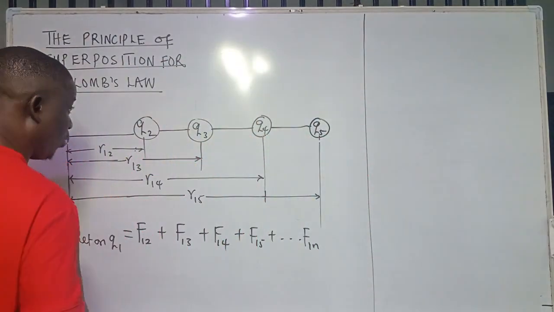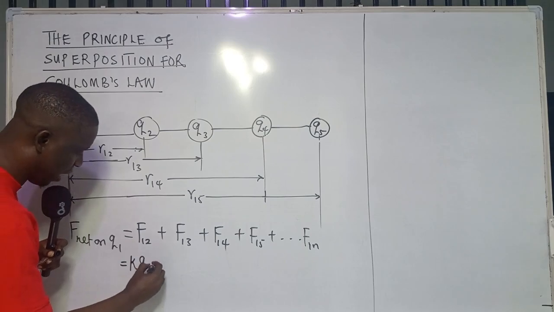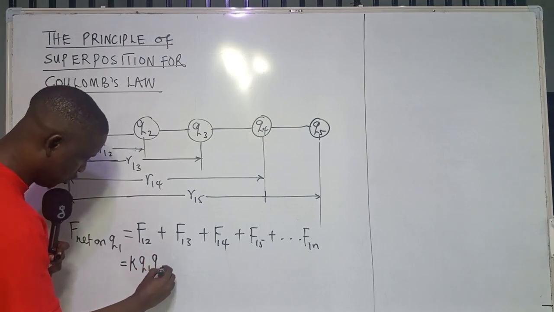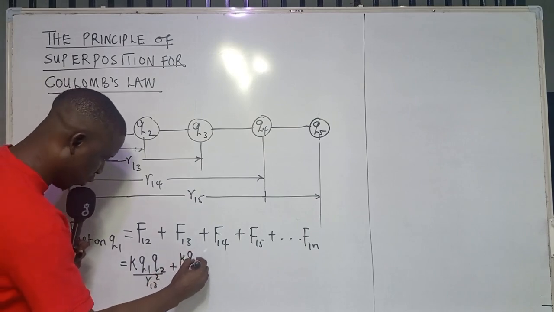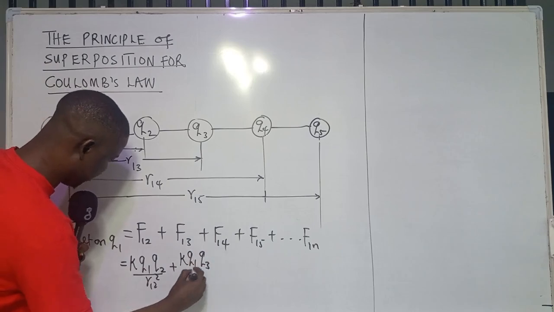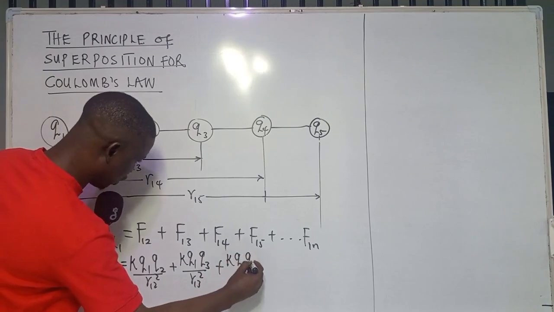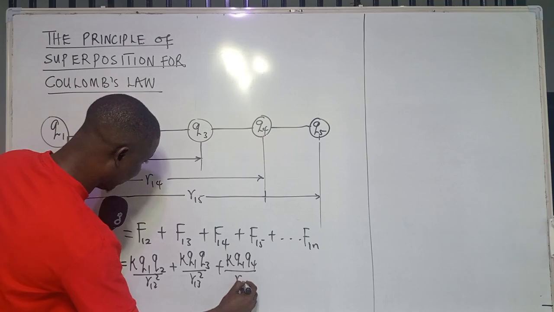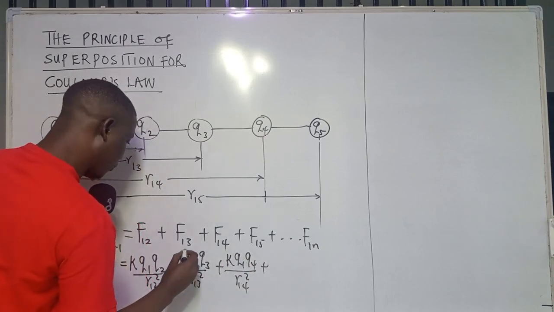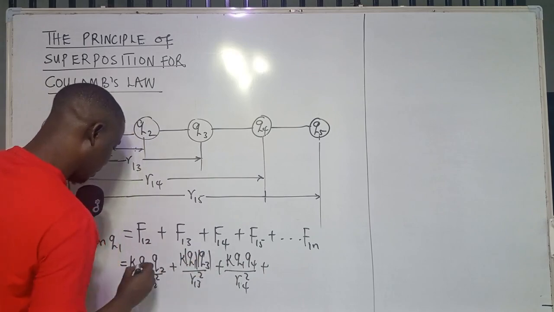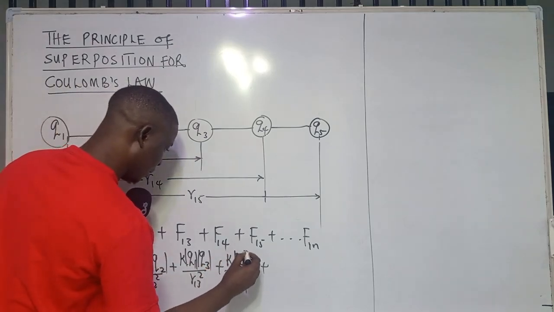So in this case, if you want to write it, we can write it like this. You can say kQ1Q2 over R12 squared plus kQ1Q3 over R13 squared plus kQ1Q4 over R14 squared plus, put an absolute there. Absolute, if you are not using an absolute, I will tell you what to do.